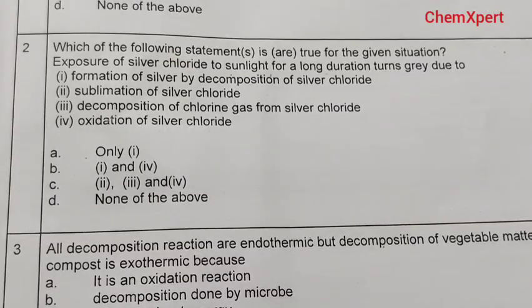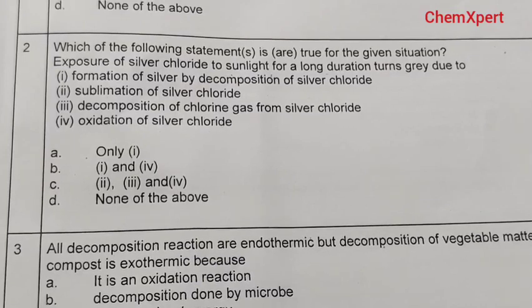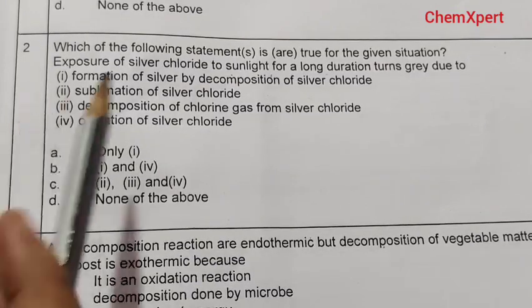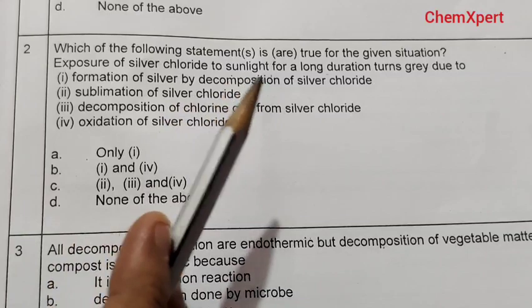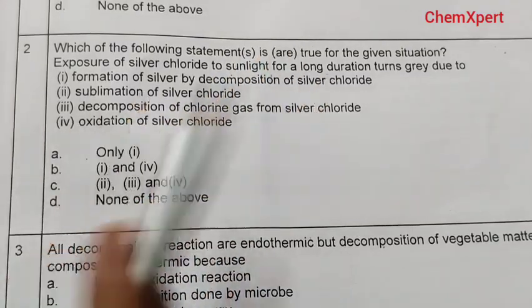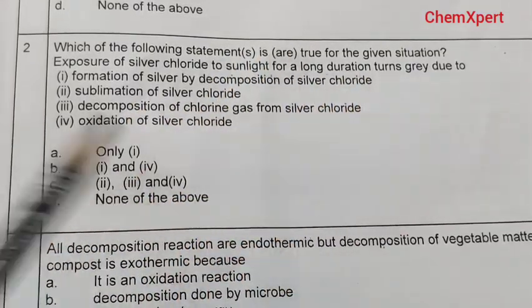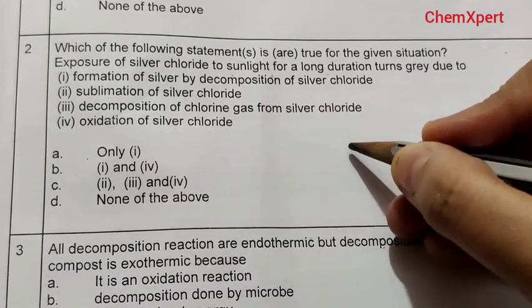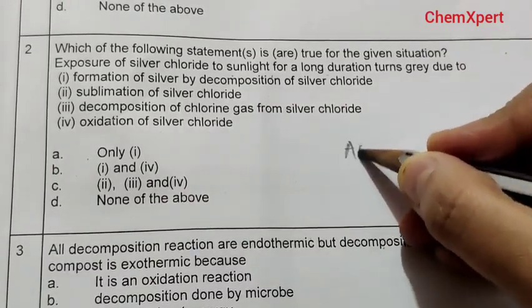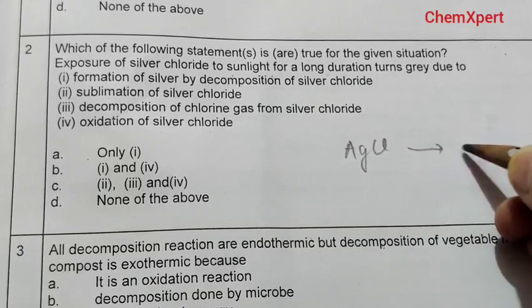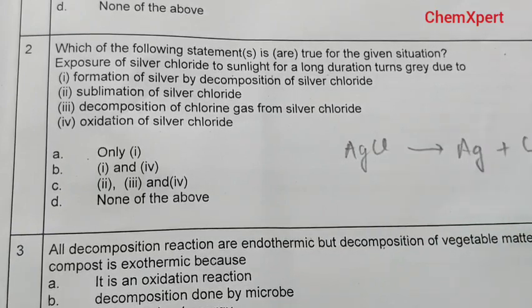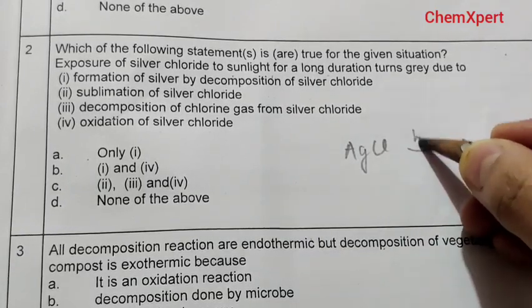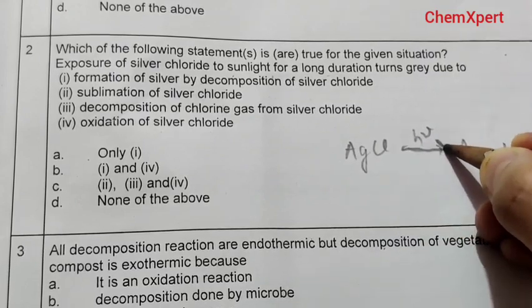Now the next question is, which of the following statements is true for the given situation? Exposure of silver chloride to sunlight for a long duration turns it grey due to. Now as we know, the equation is here: AgCl decomposes to form Ag plus Cl2 in the presence of sunlight. Now what happened?